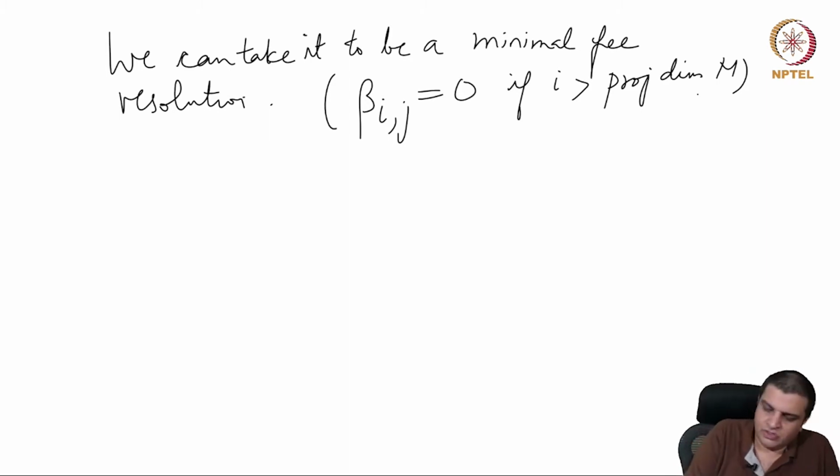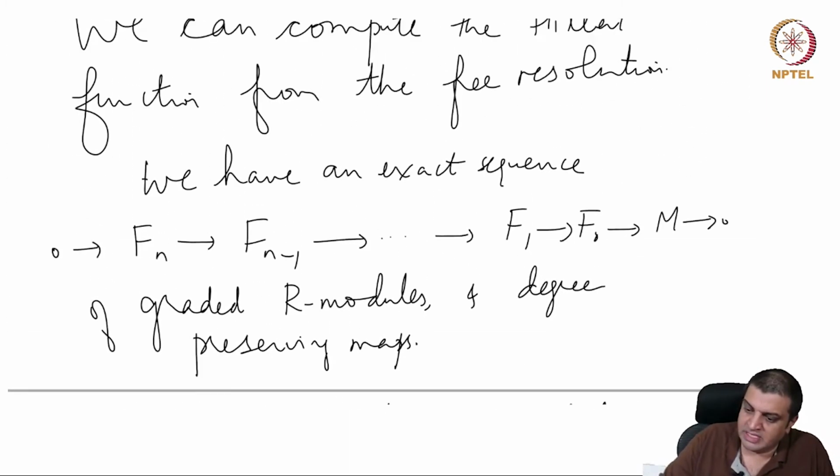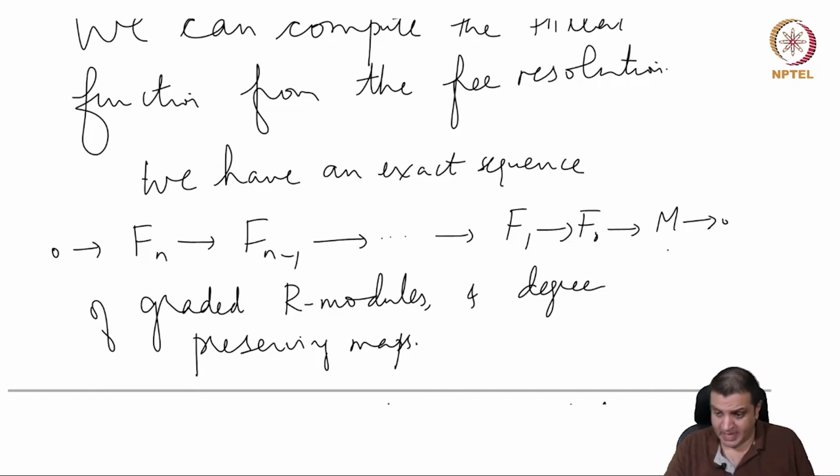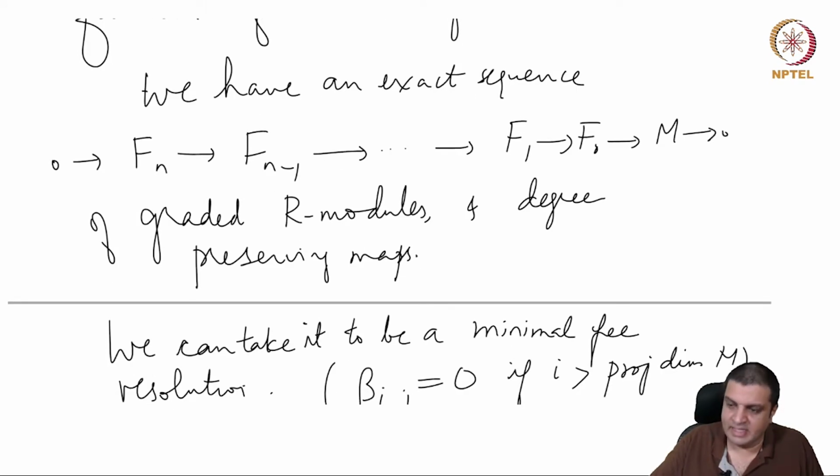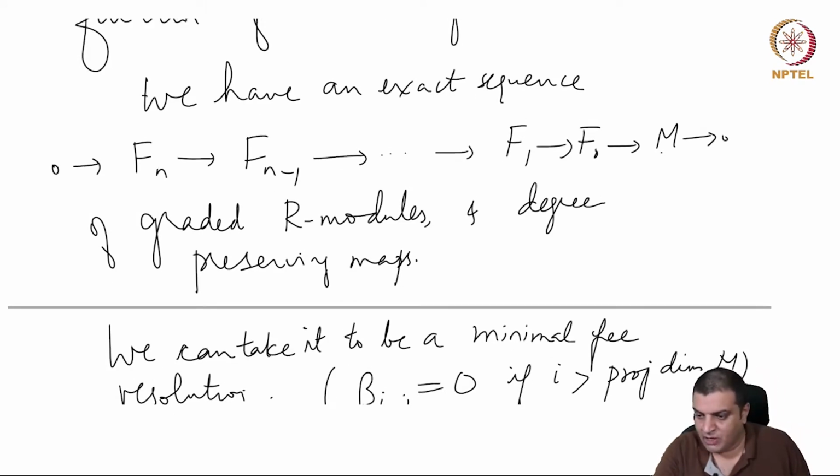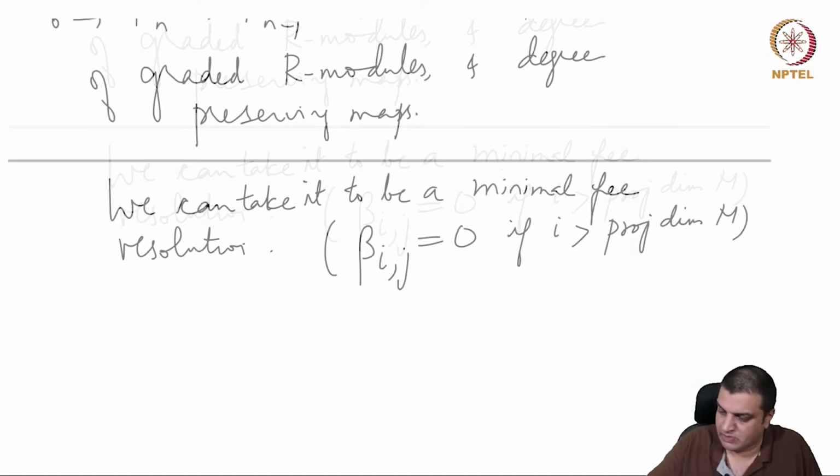Okay. So then from here, because it's degree preserving maps, we can break this whole complex into its degrees. So in some degree d, in each degree this would be an exact sequence of finite dimensional k vector spaces.